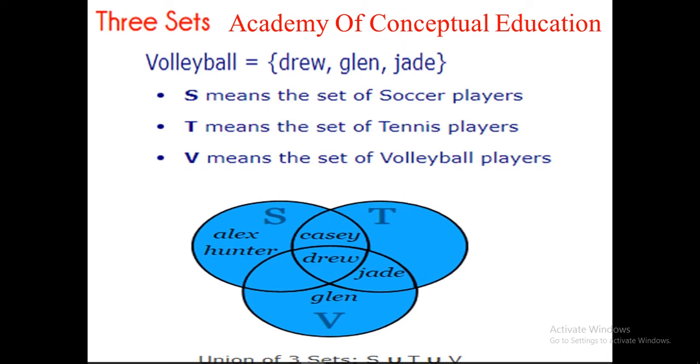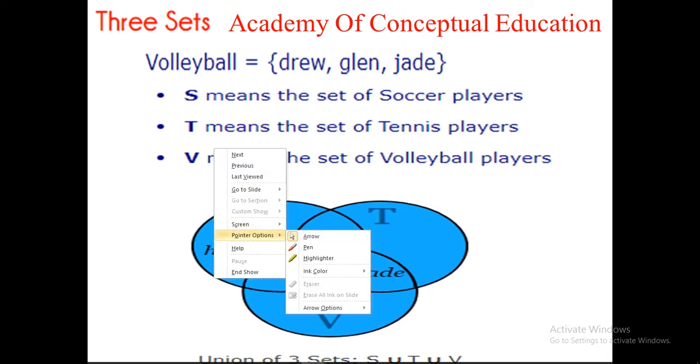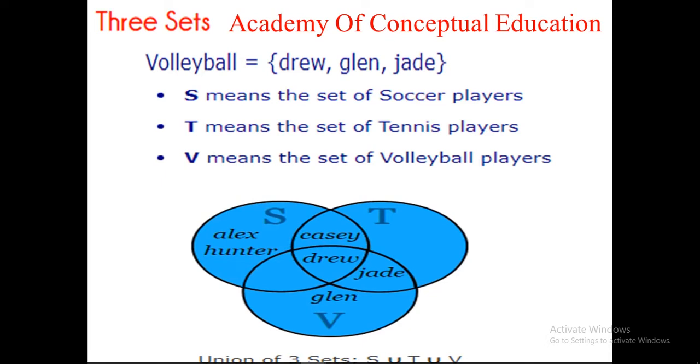Now if I ask you to shade the region which will be S union T union V, you have to shade all these three circles.